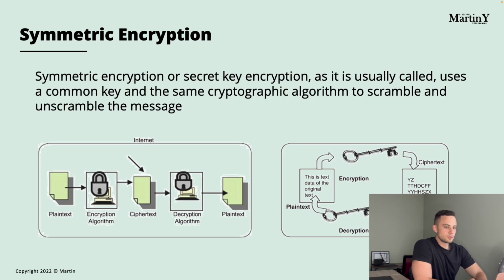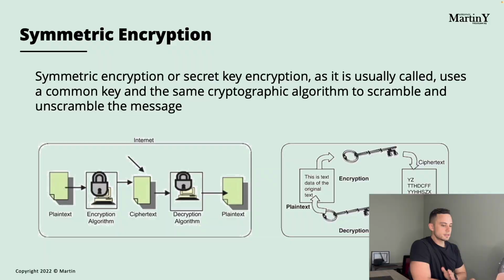What's the difference between those? In symmetric encryption, the sender and the receiver have one secret key. The receiver will need to have the secret key of the sender in order to decrypt the message. This means that the key of the sender needs to be sent to the receiver as well with the message, so the receiver knows how to decrypt it.